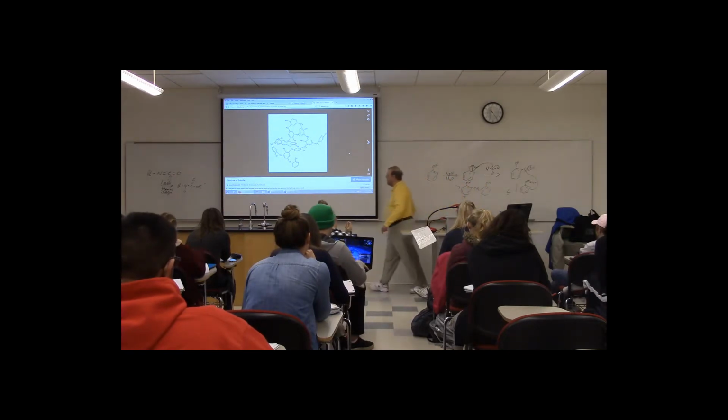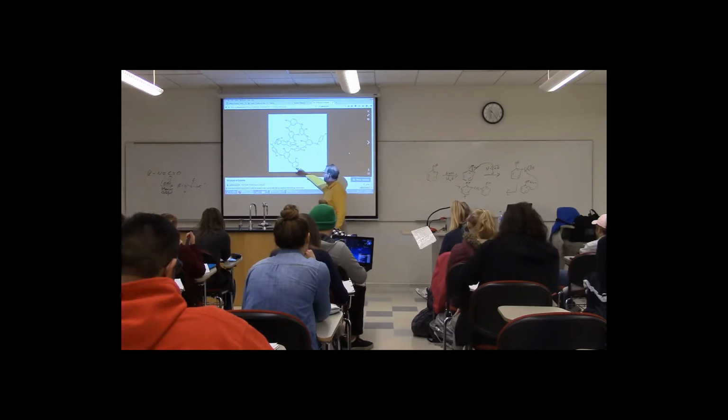Notice we have the different methylene bridges. CH2 is called methylene. And this can further react, get bigger and bigger.